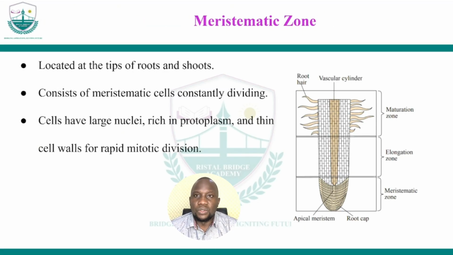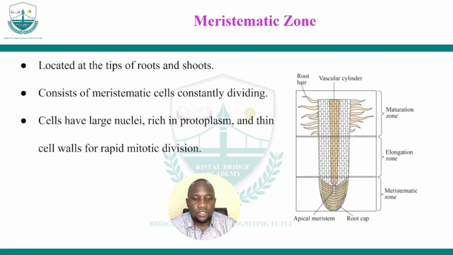So the meristemic zone, you would expect that here we have mitotically dividing cells. These cells are actively dividing to give us more cells. So these meristemic cells, like we said earlier, are undifferentiated. Okay, that means that they divide to give us cells, and these cells will later turn into cells that the plant will need.